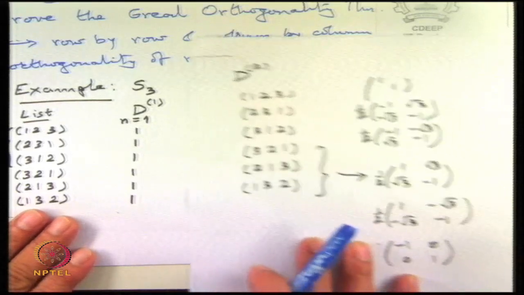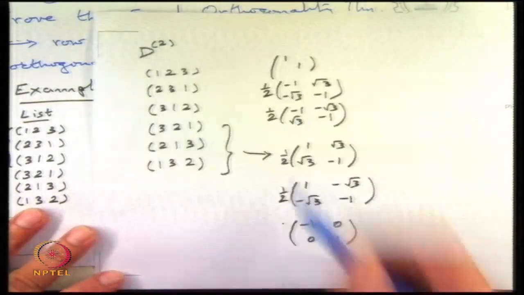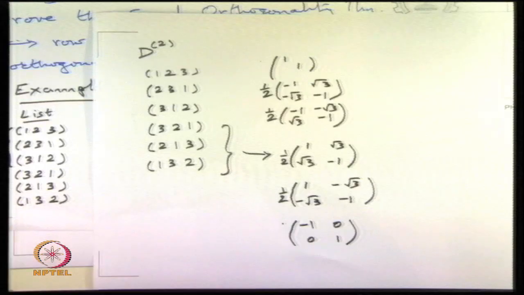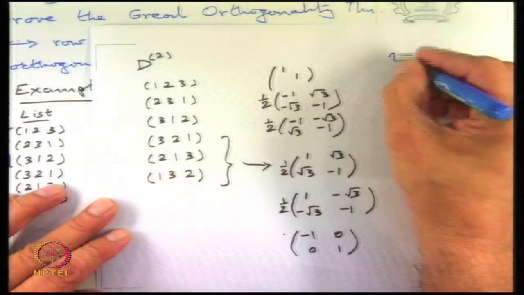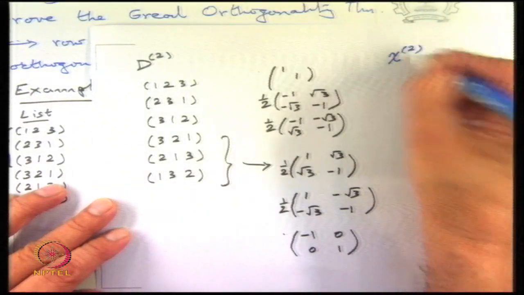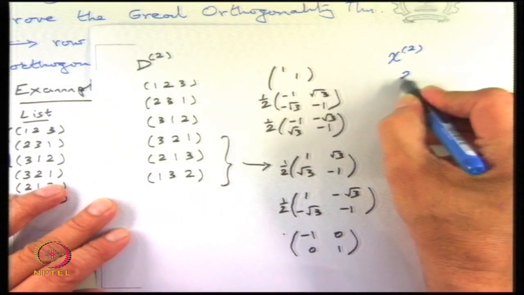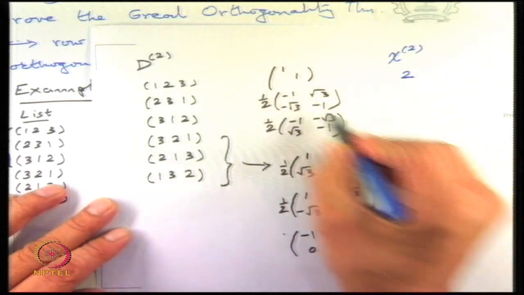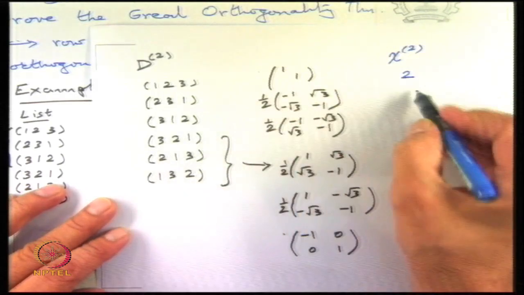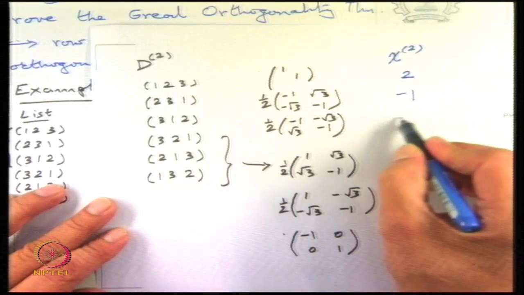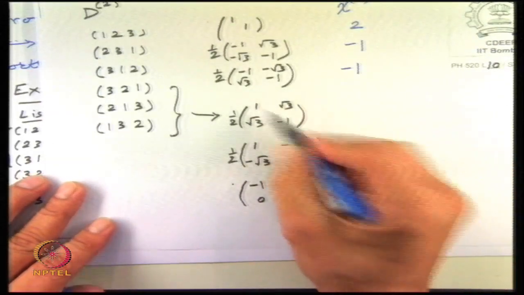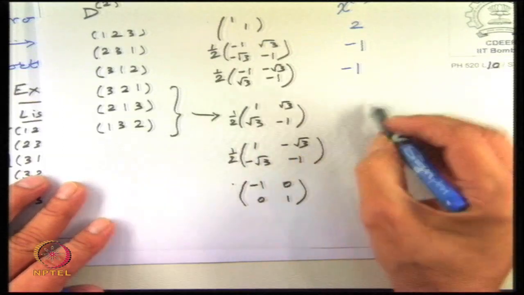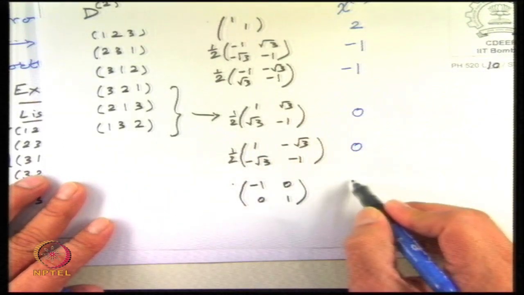The more interesting thing is the characters of these, and we can write. The letter used for character is chi. So chi 2 values here are 2. Then this is equal to -1/2 and -1/2, so it is -1. This is -1, and then these, if we see, we will add a half and -1/2, so 0, 0 and 0.